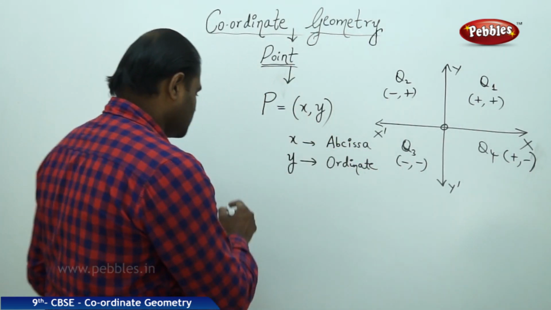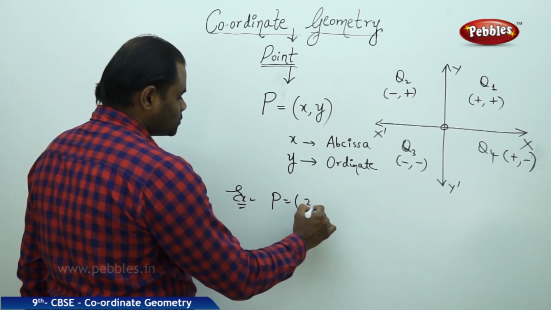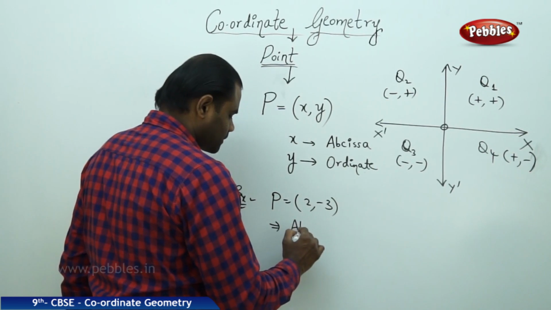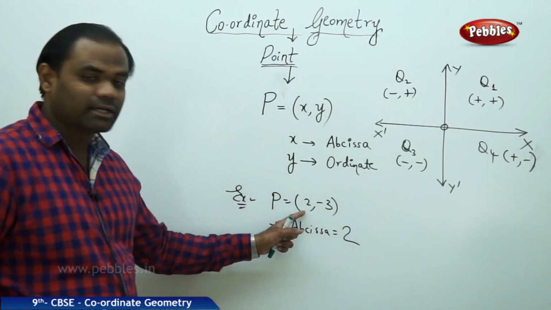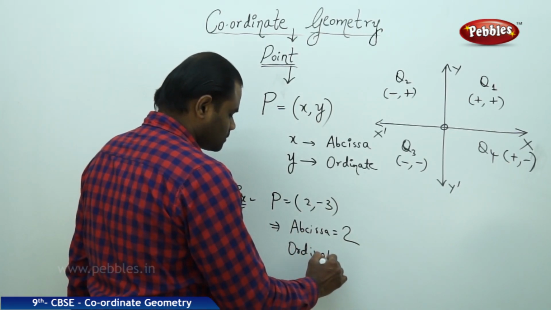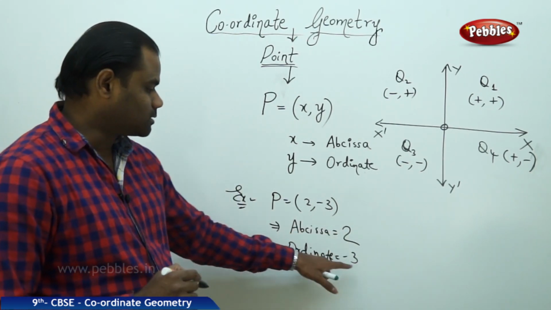So for example, if I take the point P as (2, minus 3), it implies my abscissa is 2, that is my x coordinate is 2, and my ordinate is minus 3, that is my y coordinate is minus 3.